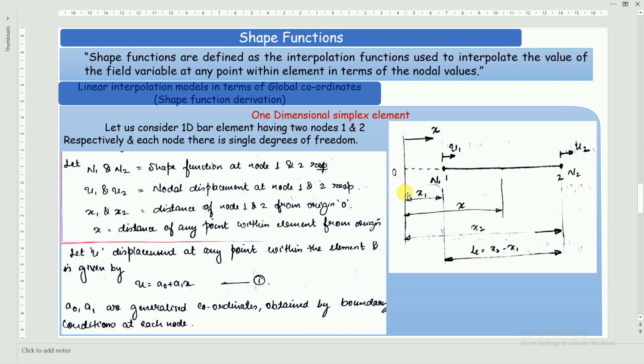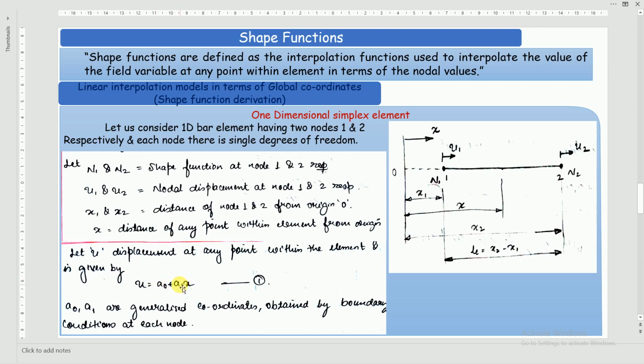Take this down and let me know. First you have to start like this: draw a figure, draw the element, show all the notations and write what each is. Then assume the polynomial function.